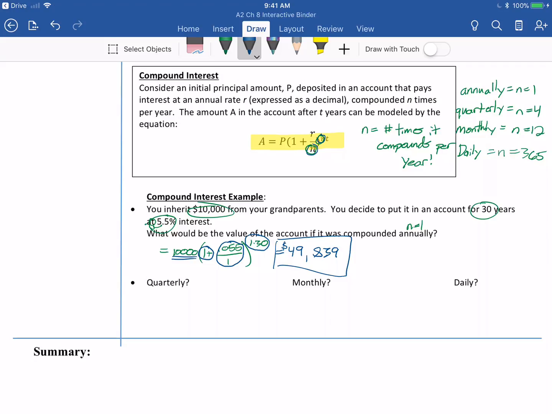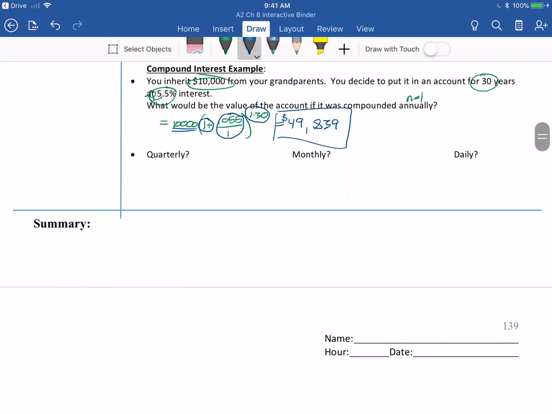All right, so now quarterly is going to be the same, but my n changes. How many times does quarterly happen per year? 4. What about monthly? That's 12. And then daily, my n happens 365 times. Okay, so I'm just going to set up these equations.